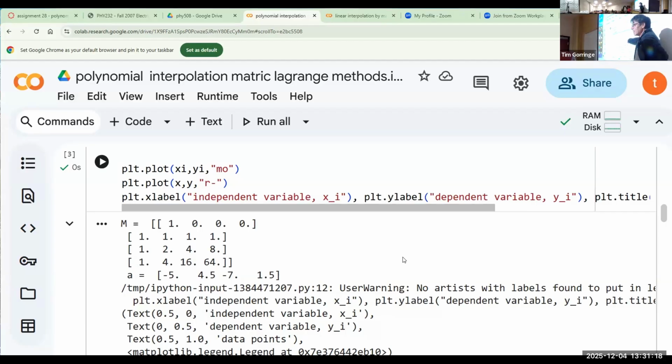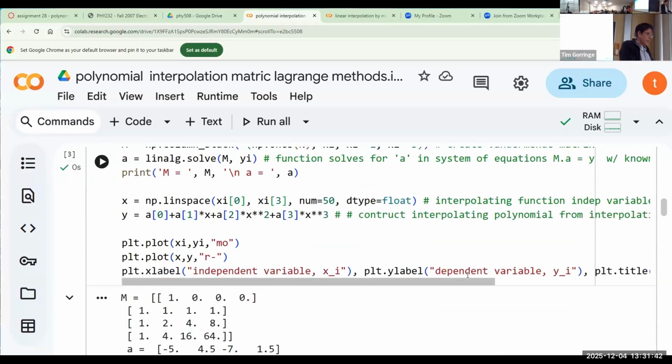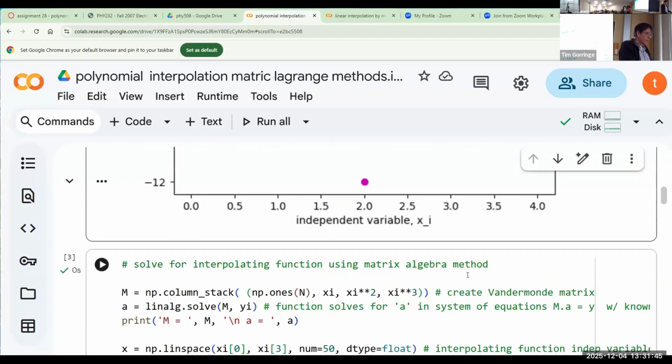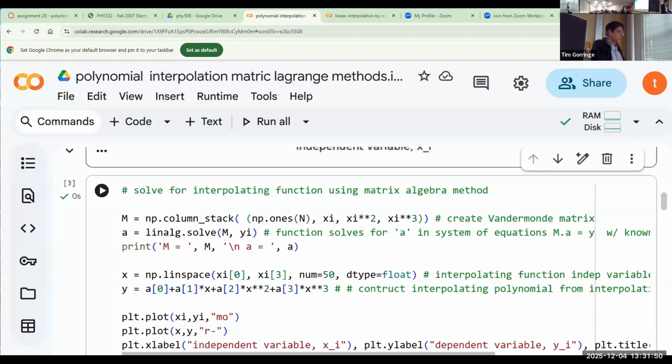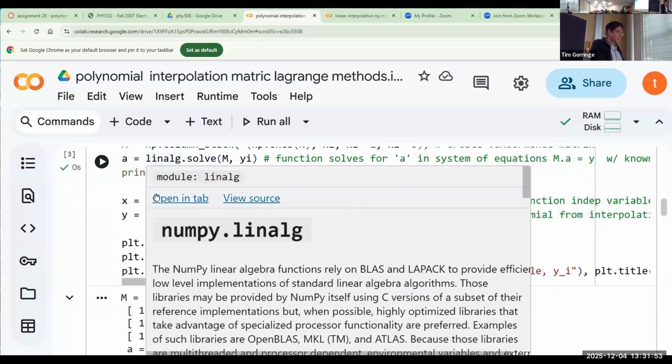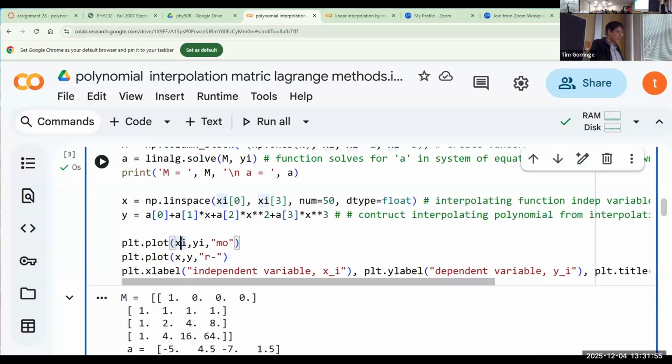This is the vector A, or the array A, that's returned by that solve function that contains the coefficients of the interpolating polynomial. So here are the 4 coefficients, and it's using those 4 elements of that array that I constructed the interpolating function, and then I plotted it.